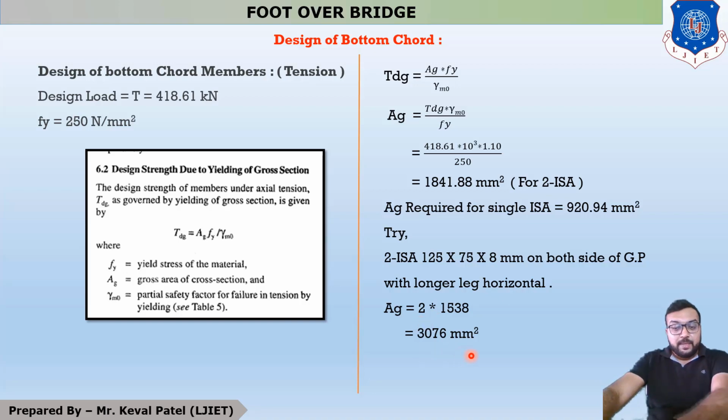Now you have to check whether, if we are providing this ISA section, it is capable of taking 418.61 kilonewton. For that, you have to do three checks. First is design strength due to yielding of cross section, given on page number 32.